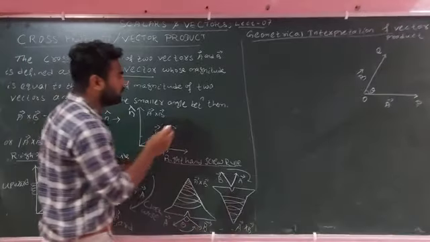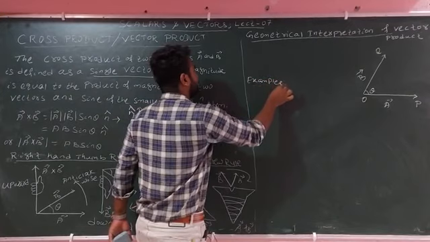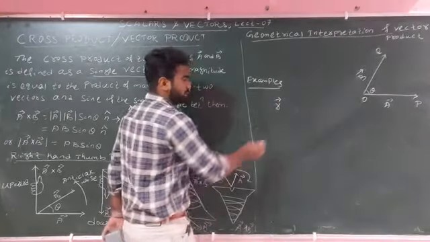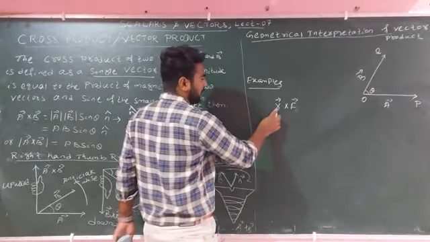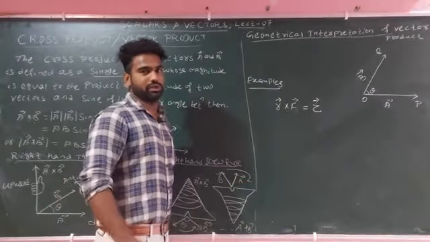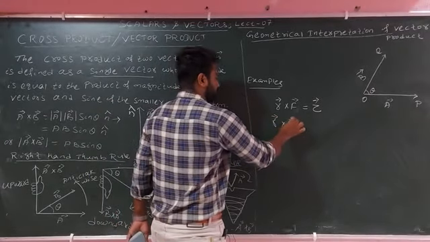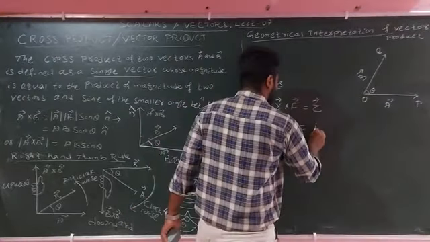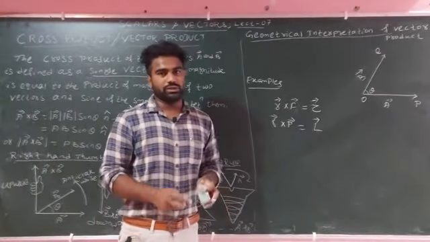For example, let R be a position vector and force be another vector, then the cross product of R and force gives rise to torque, which is a vector quantity. Another example: let R be the position vector and P be the linear momentum, then the cross product of position vector and linear momentum gives rise to angular momentum, which is also a vector quantity.